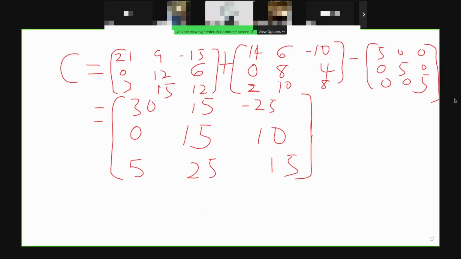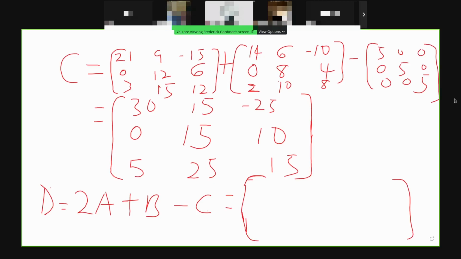So now I hope you can all look for your D. 25, 15. Is it wrong? No. It's correct. Yes. So your D says what? 2A plus B minus C. Please go ahead and do that and give us what you are going to get.